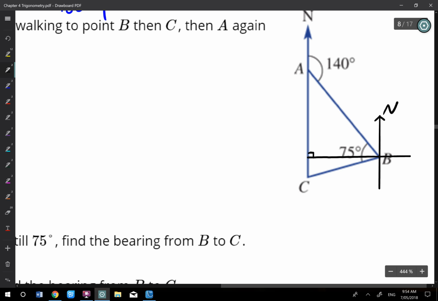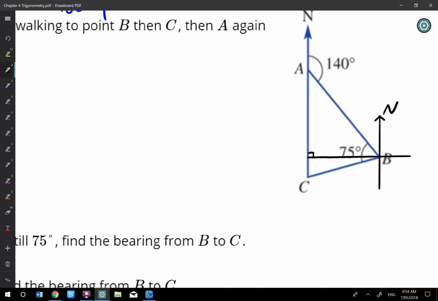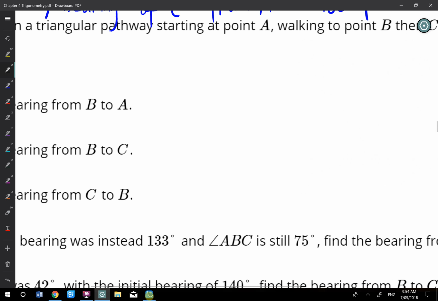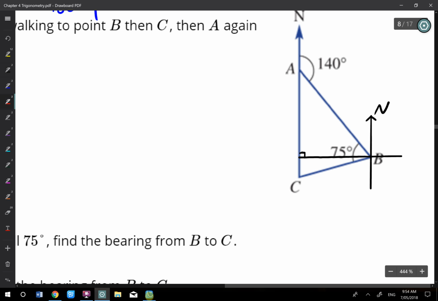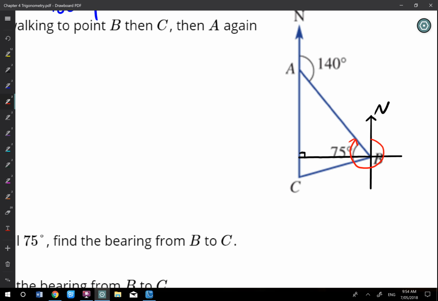I want to find the bearing from B to A. So connect BA, and I have this bearing here. It's a really large bearing, over 270 degrees.